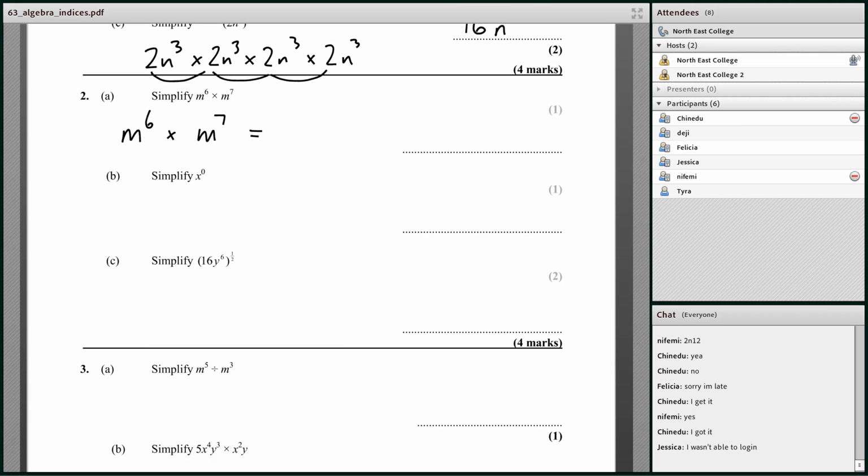So everything inside your bracket gets affected by this power on the outside.